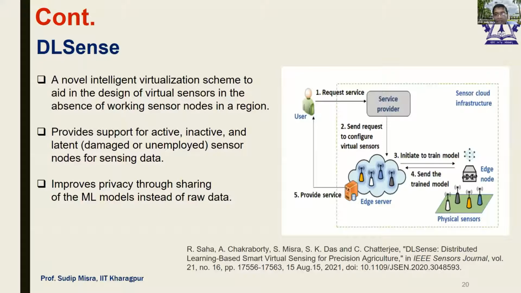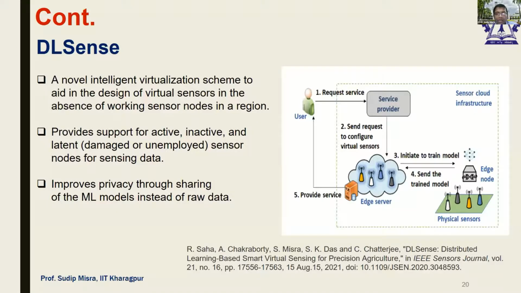Then the service provider provides the service by executing certain trained models which get trained offline. You train the model and then you send the trained model, and the data that comes through gets executed on it, and this helps the user to get insights into the data that come from these physical sensors.